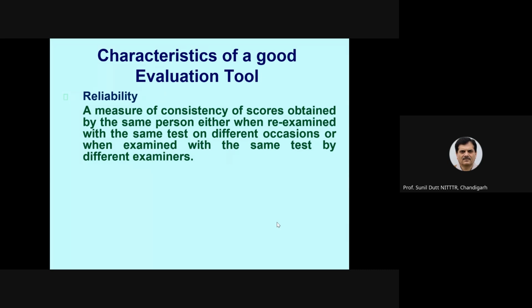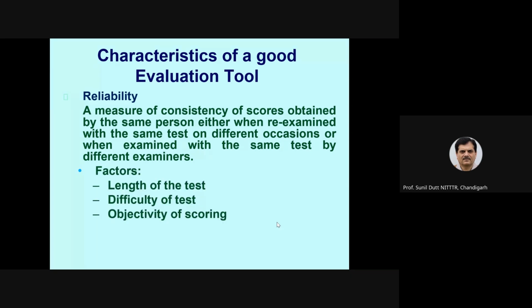Or if the question paper is given to the student at 9 o'clock in the morning and the same question paper is given at 2 o'clock, there should be consistency in the results. You will not get, as far as essay type questions are concerned, reliable results, compared to short answer type items or multiple choice item questions, which provide reliable results. So these are the factors which affect the reliability.